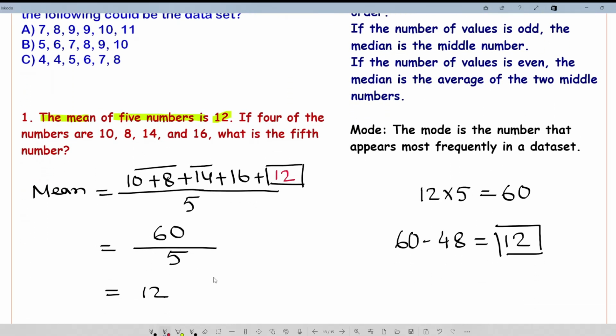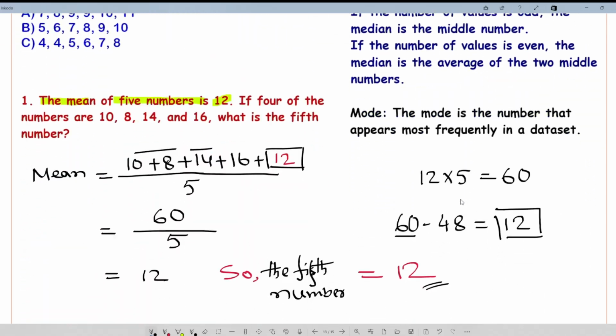So we can write, mean equals 12. Is it true? Mean equals 12 is true, but the fifth number equals 12. How do we get this one? First, we subtract the summation of the four numbers from 60.